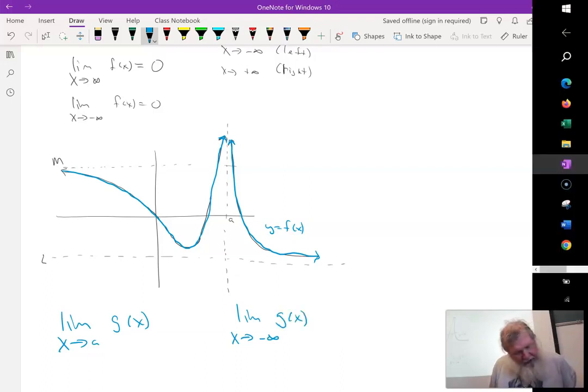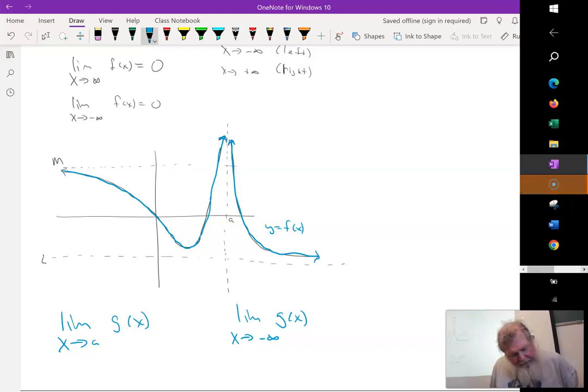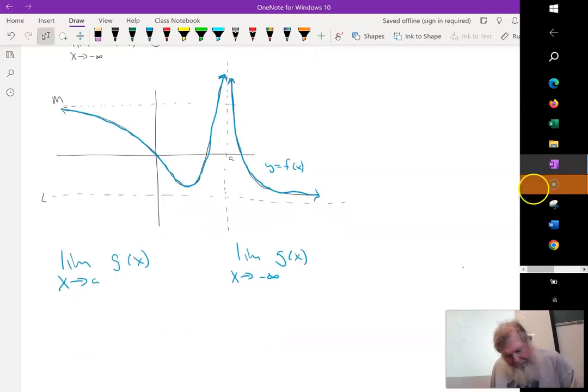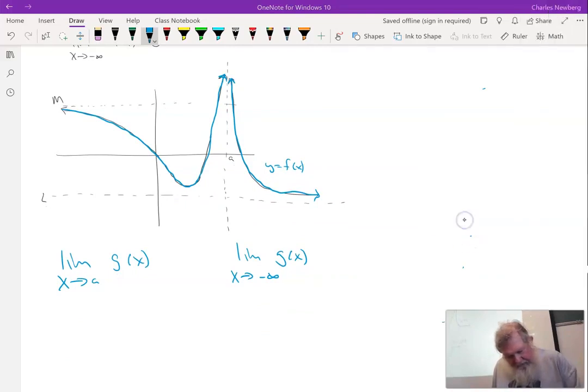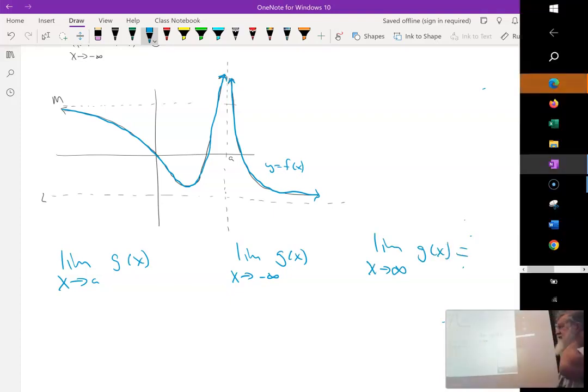And I want you to find me the limit as x approaches infinity of g of x. So see if you can read me off those limits just using your intuition.